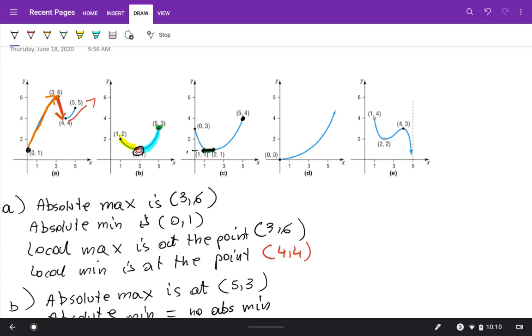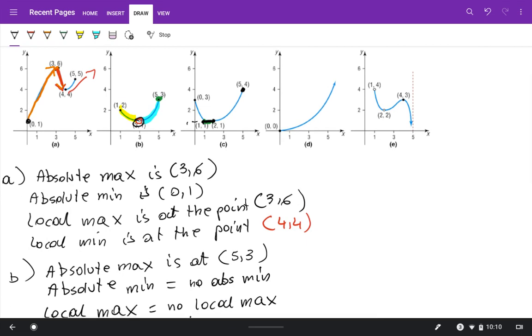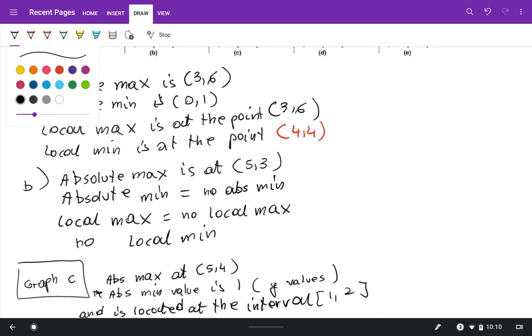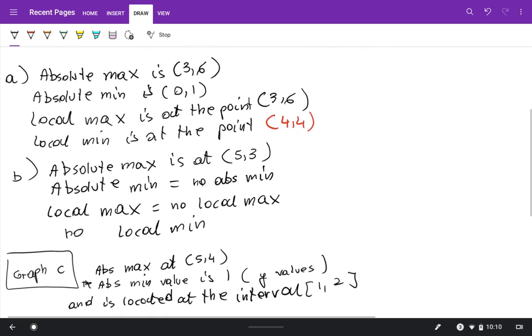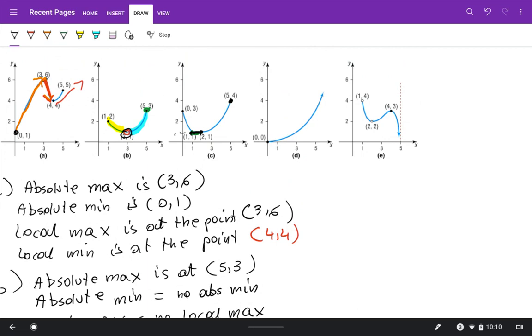Now let's talk about local extrema for graph C. Let's check if we have a local maximum. A local maximum should be a point on the graph where the function switches from increasing to decreasing.